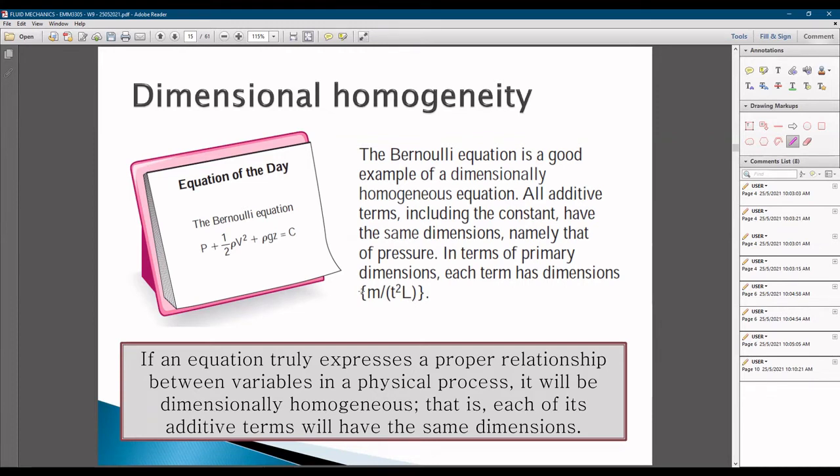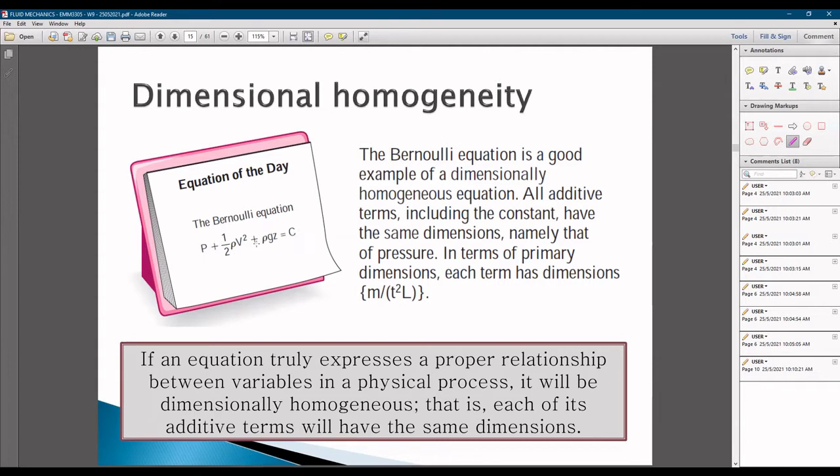Okay, this is the dimension of each of these particular terms. Here the units on this part are the same as this one, and also this part and this part, of course.